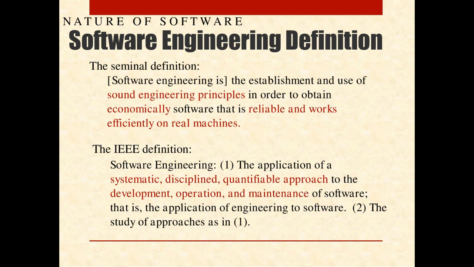Software engineering is, first point, the application of a systematic, disciplined, quantifiable approach to the development, operation, and maintenance of software. That is, the application of engineering to software. The second definition, the study of approaches as specified in the previous definition.